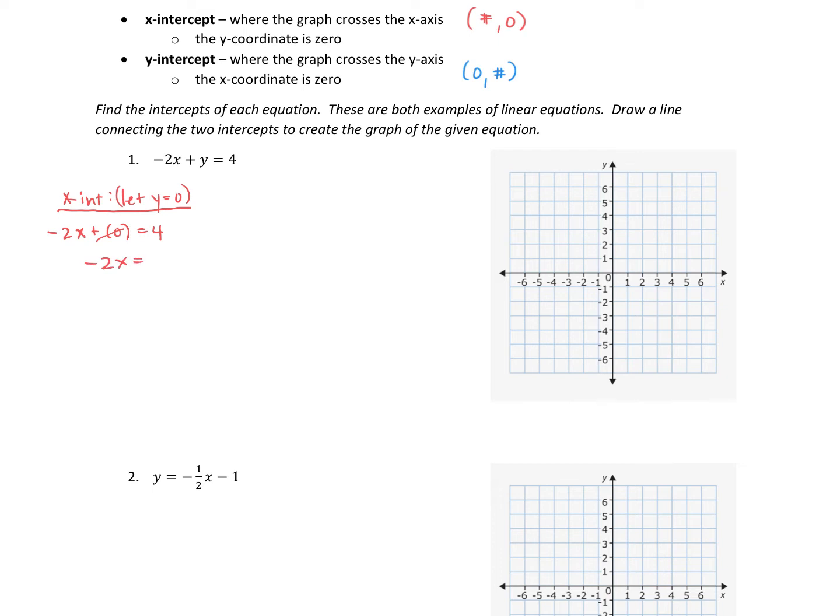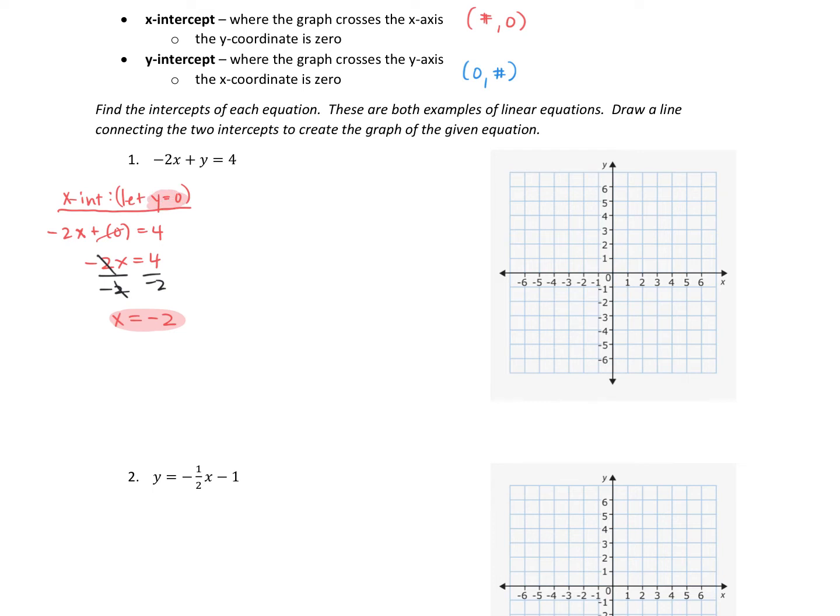Adding 0 does not change anything. So that gives me negative 2x equals 4. Now I'm going to divide by negative 2 to get the x by itself. And so I will see I have x equals negative 2. Remember, I'm finding an ordered pair here. I'm finding the x-intercept, so I need to have an x value and a y value.